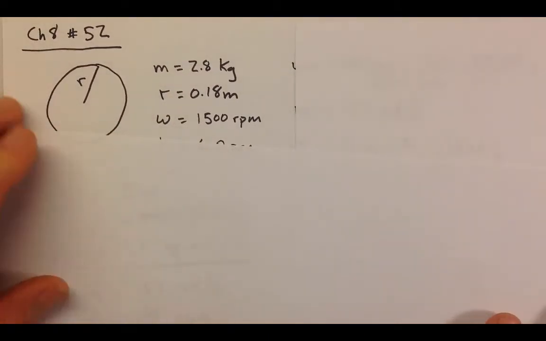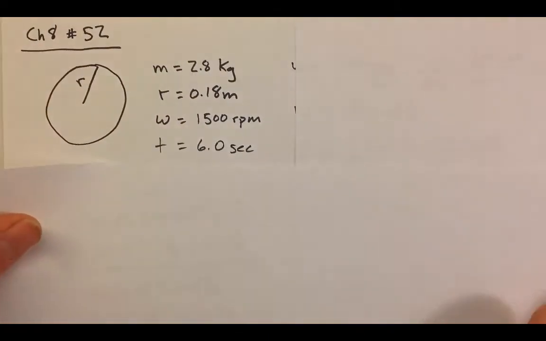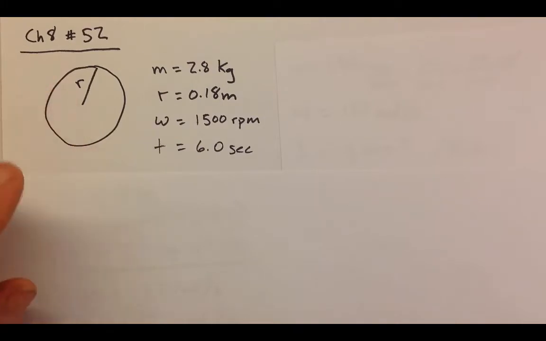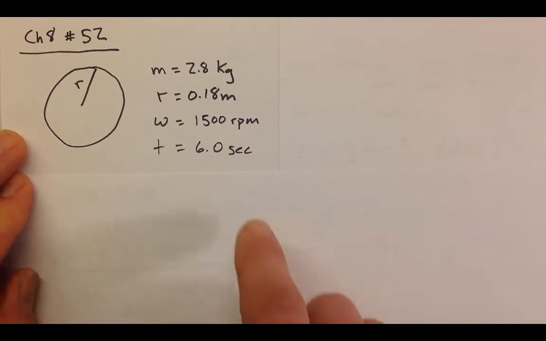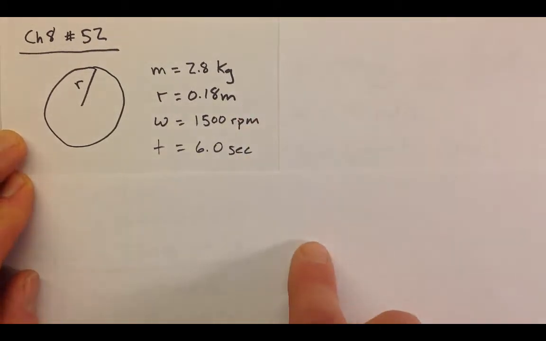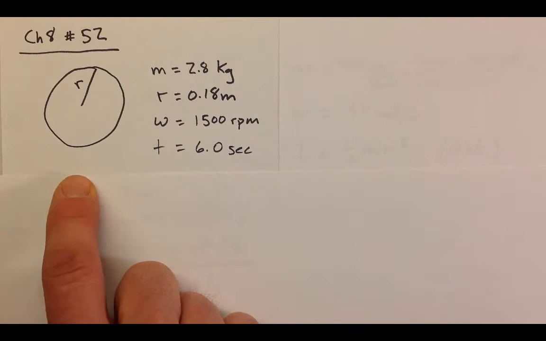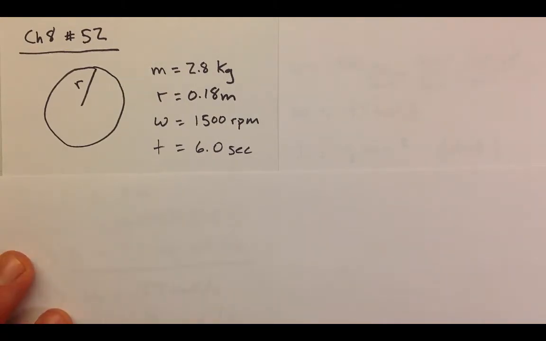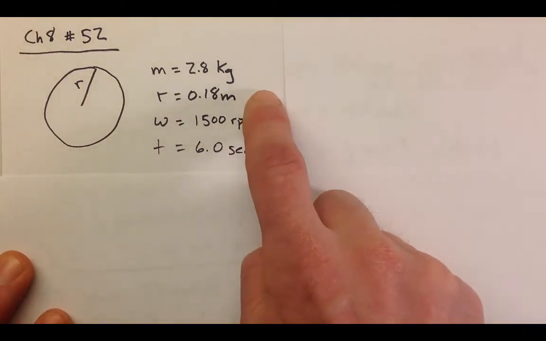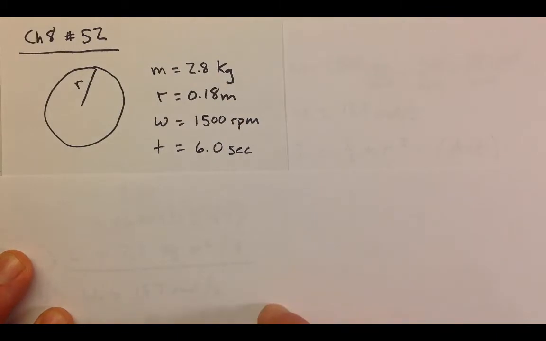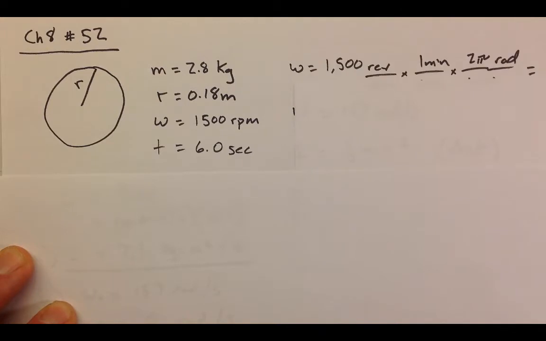All right, so this problem looks like this. Here's my grinding wheel. It is a disc or a cylinder, and here's what I know. Notice I went ahead and right away converted the 18 centimeters into meters. It becomes second nature to convert things into meters to make sure your units are right.